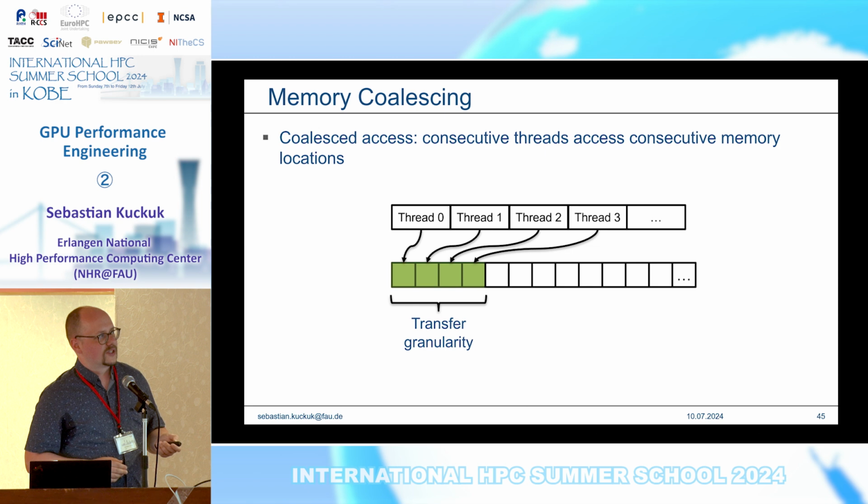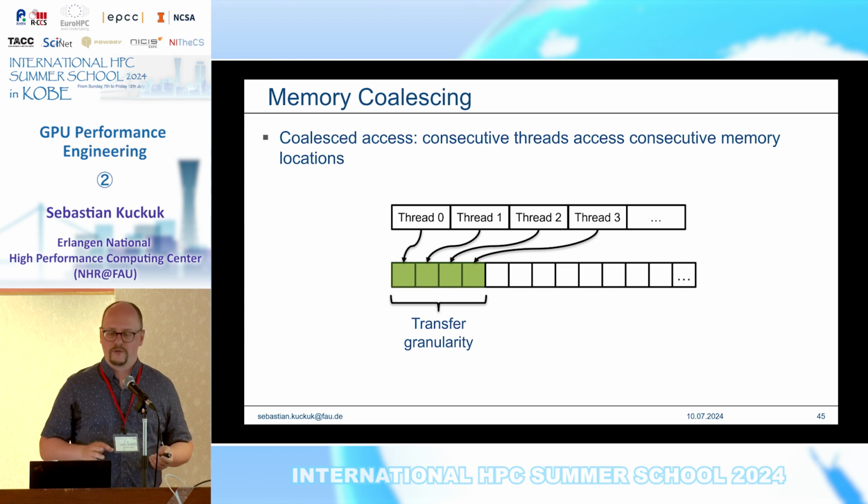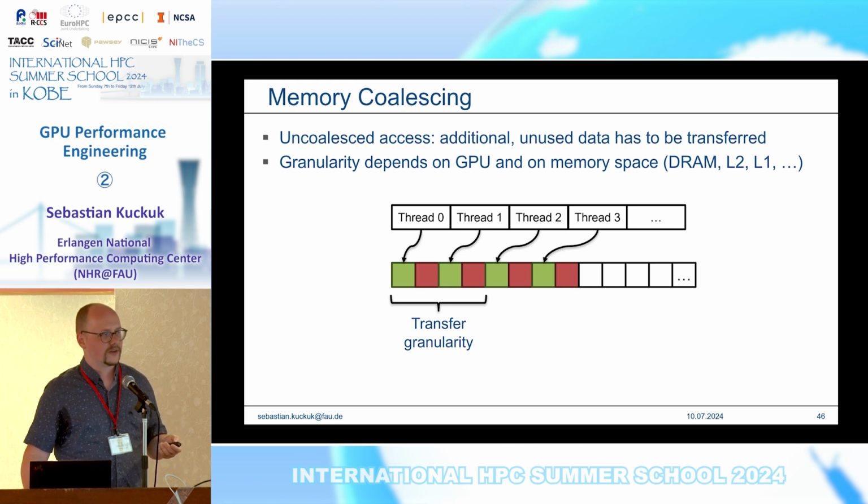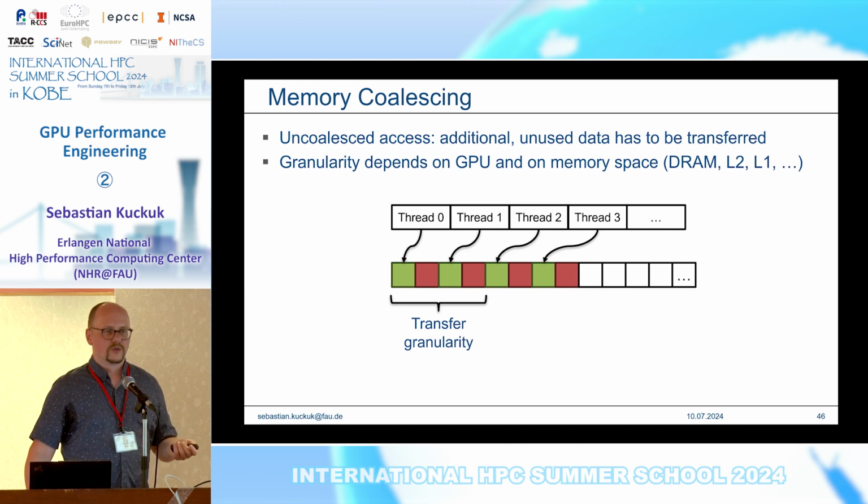So for the sake of visualization, say we have 4 threads accessing 4 elements, and the transfer granularity is also 4 elements. You can transfer this in one operation, and you get the maximum bandwidth that we've seen before. If we now have a strided access, unsurprisingly, this doesn't work anymore, because you still have to observe this transfer granularity, but now you have holes.